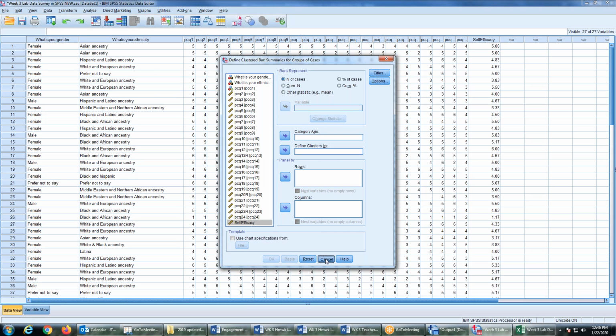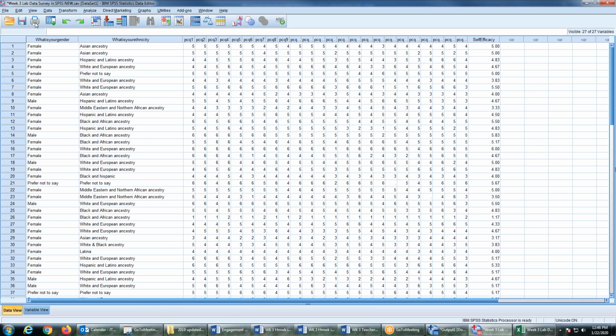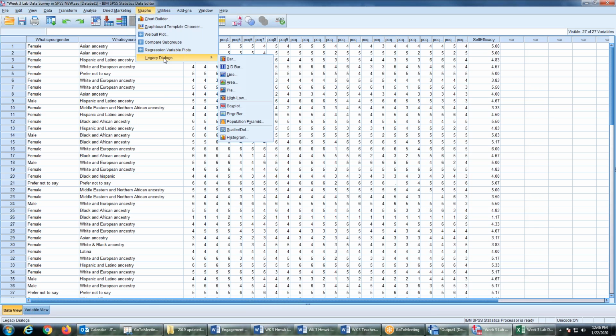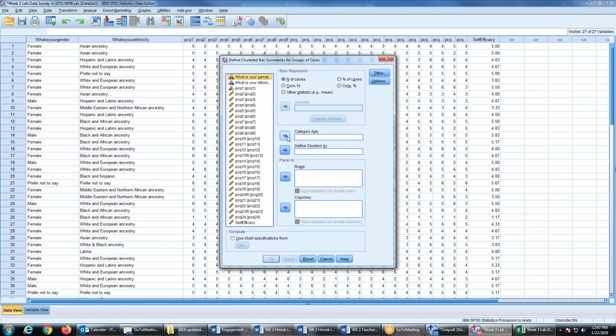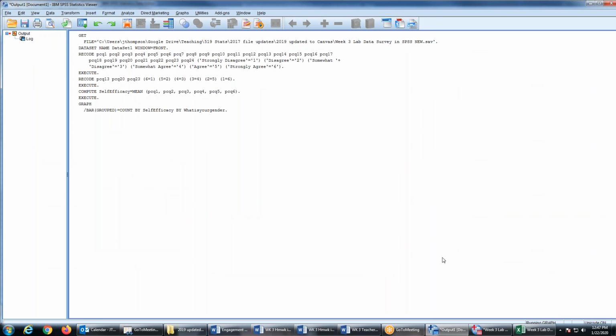Well, but you know what? I have to, hold on. I have to do that for this to work, I think. Let me try. Graph, Bar, Cluster, okay. Category axis is going to be self-efficacy, define clusters by gender.